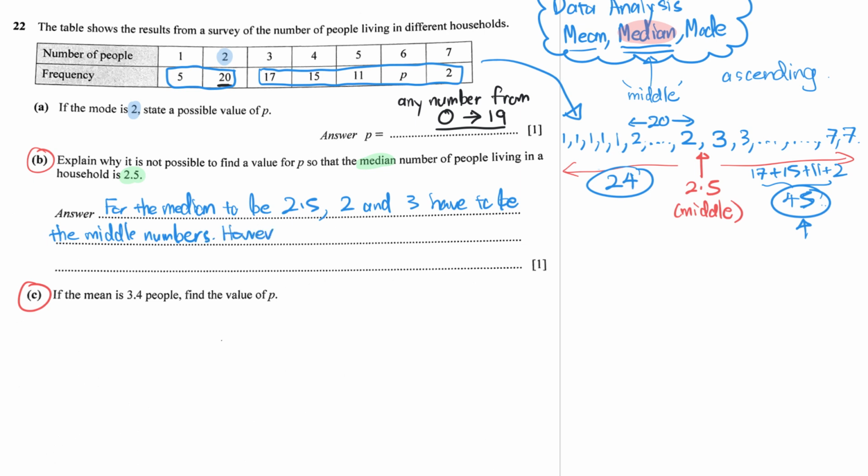However, looking at the left and right, there are 45 plus P households that have 3 or more people, and only 25.